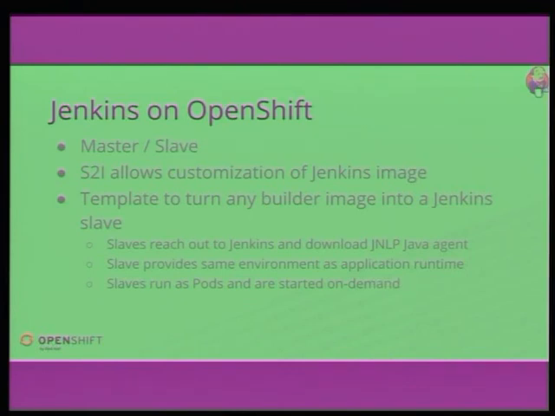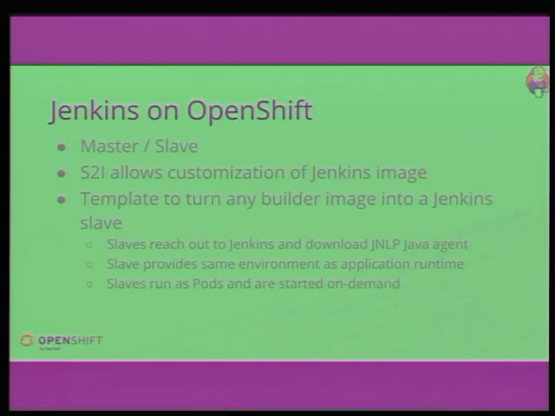So what you can do in OpenShift nowadays is run Jenkins inside a container in OpenShift. OpenShift can also run the slaves that Jenkins uses for building your application, right? So in the normal world, the slaves are virtual machines that you build your application on, and you keep them running and assign jobs to them.